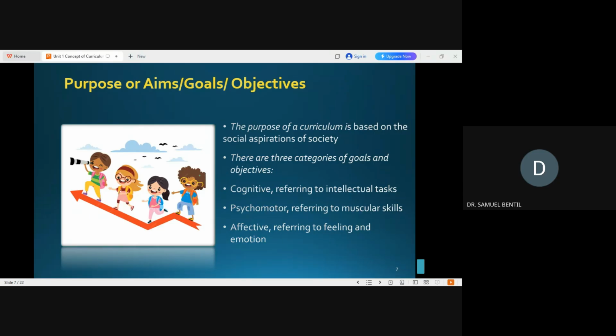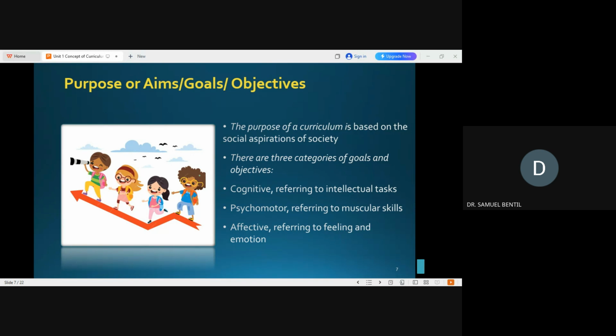Take note that the school exists in the society to fulfill a certain mission or a certain agenda for the society. That's why in some books they will tell you, we always say that the school is a microcosm of the society.